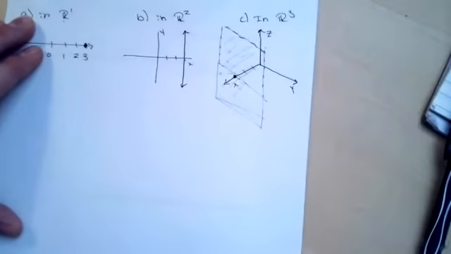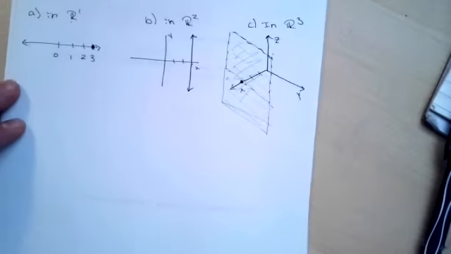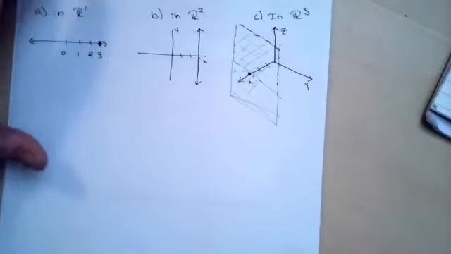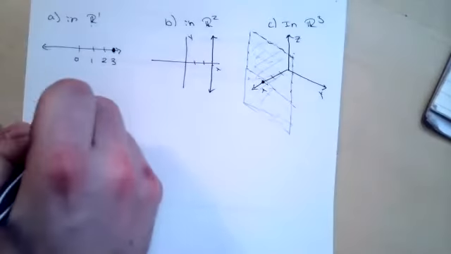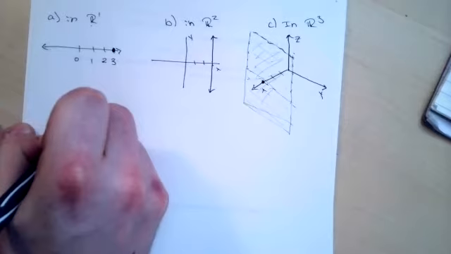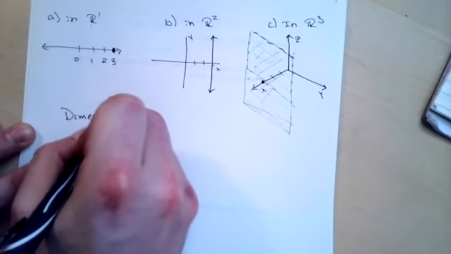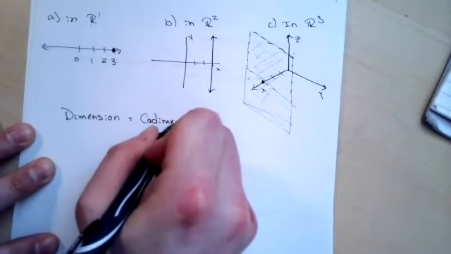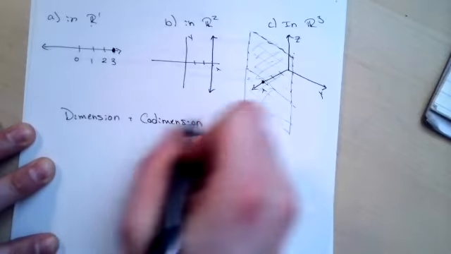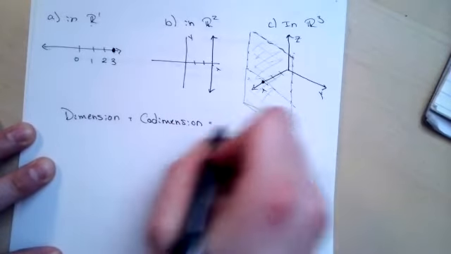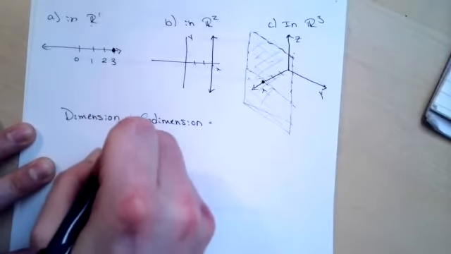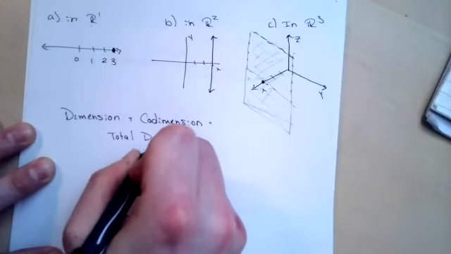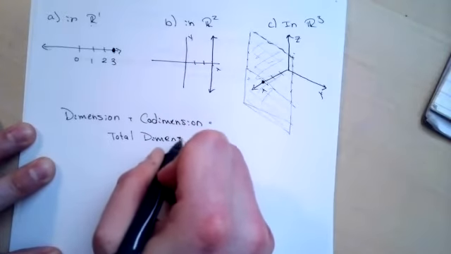There you can kind of see it a little bit better. So I guess to rewrite that last statement, our dimension plus codimension is equal to our total dimension, or the total spatial dimension you're working with.